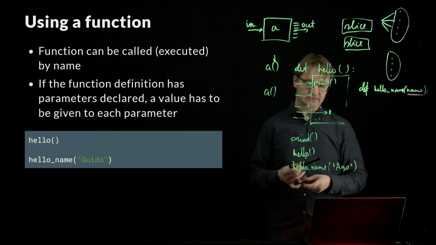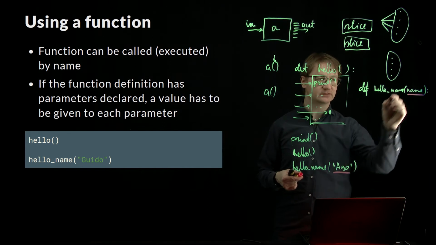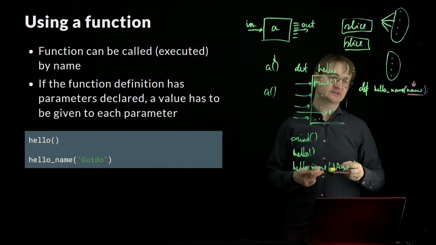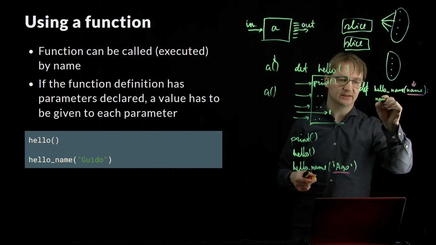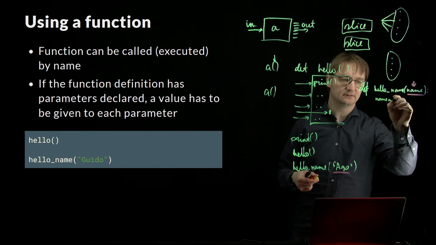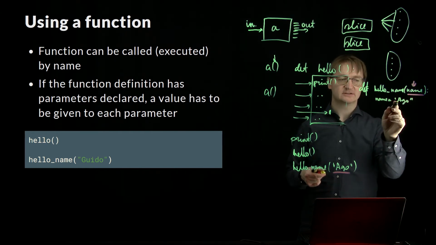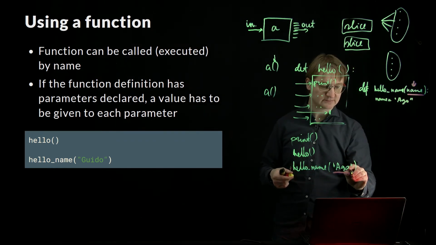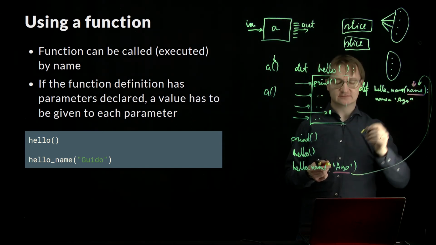Now what happens is that this value here will be put in this variable. So basically inside this function I could write something like name is Ago. So basically I assign this value which comes from here. Let's draw it. I assign this value into this variable.